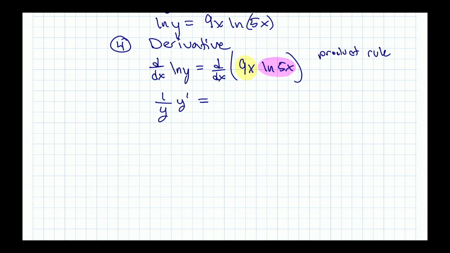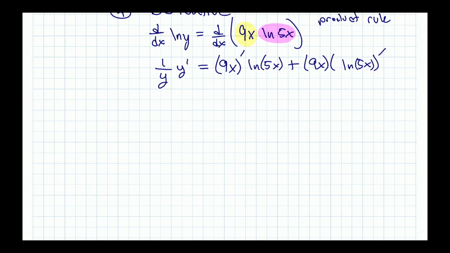Okay, so now let's take the derivative of 9x ln 5x. We need the product rule, so that'll be the derivative of 9x times ln 5x, plus 9x times the derivative of ln 5x, and then we take those derivatives. The derivative of 9x is 9.